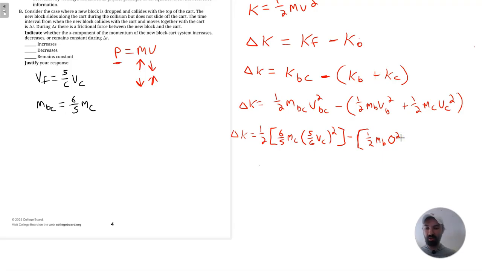The block started with 0 velocity, plus 1/2 the mass of the cart, the velocity of the cart squared. All right, so it's getting a little easier. This is 0. This goes away totally.